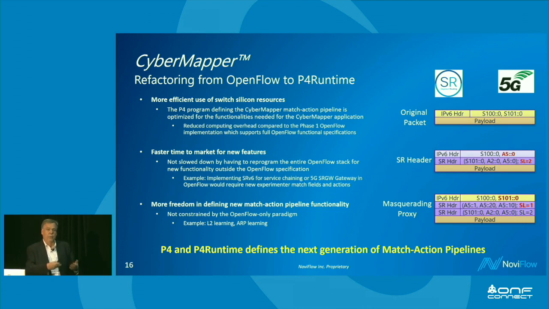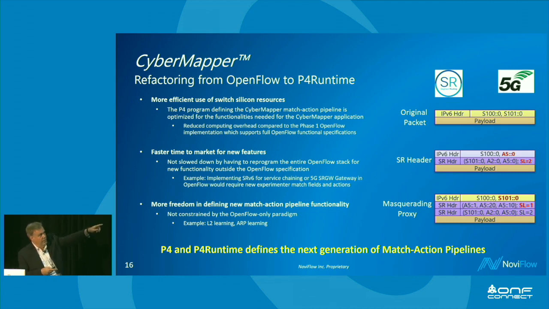If we had to do that in OpenFlow, we then had to create all those match fields, all those push-pop actions, and other actions. Whereas if we do it in P4 natively, we just define it in the P4 code and not have to change the protocol between them. So that's important.